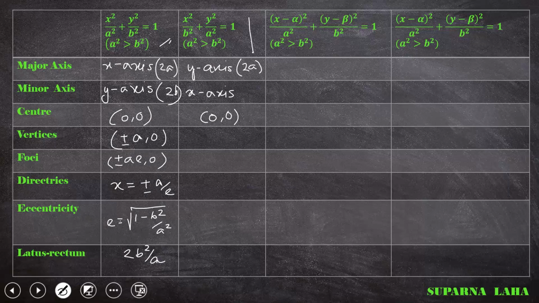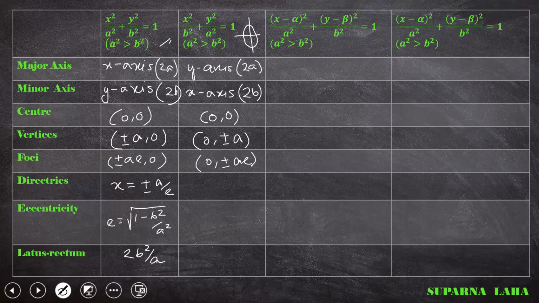So the ellipse will look like that. The bigger one is on the y-axis and the smaller one is on the x-axis, and the length is 2b. The center is definitely at the origin, but here the vertices lie on the y-axis, so their coordinates will be 0 comma plus minus a, and the coordinates of the foci are 0 comma plus minus ae.